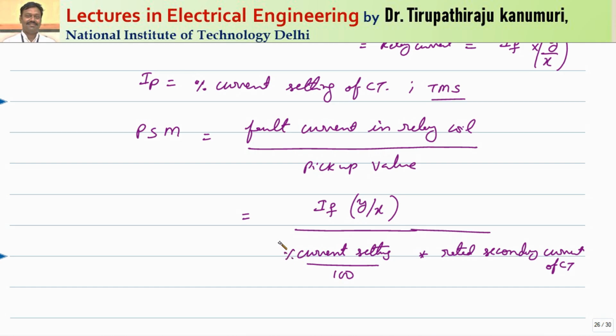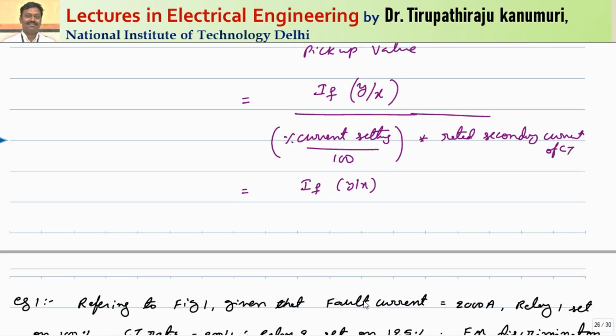So percentage current setting IP divided by 100, multiplied by the rated secondary current Y of your CT. If you substitute this, you will get IF into Y divided by X, divided by IP divided by 100 into Y. So this will be IF multiplied by 100 divided by X times IP. Directly you can use this formula, or you can simply calculate the values and substitute.